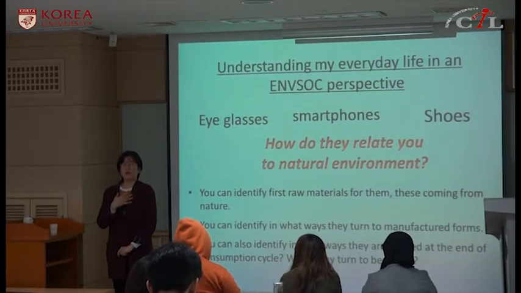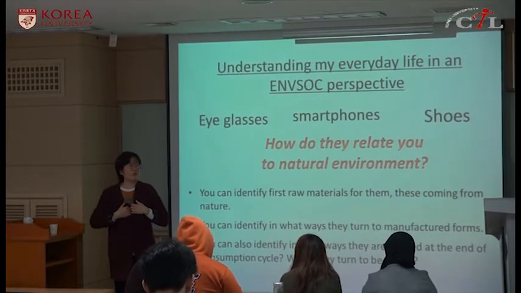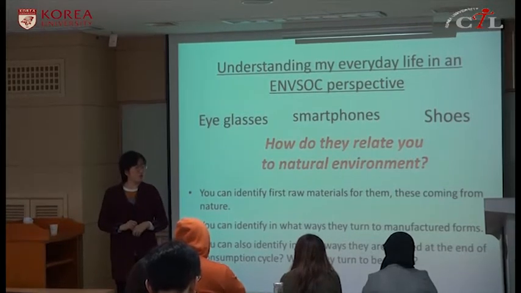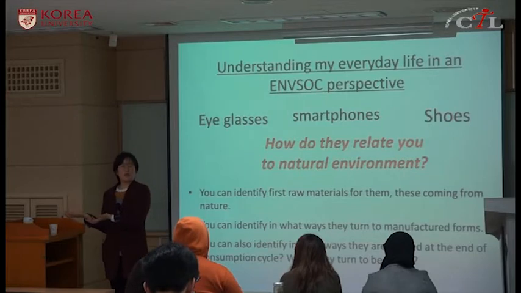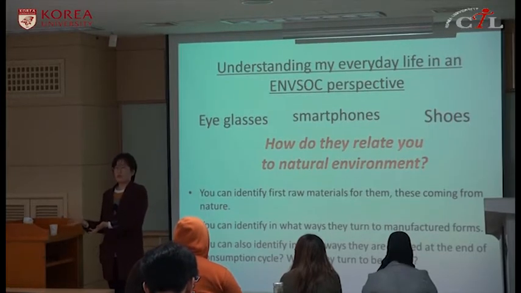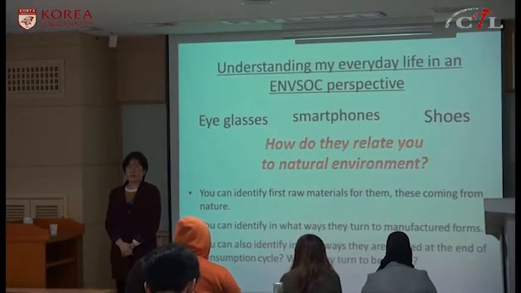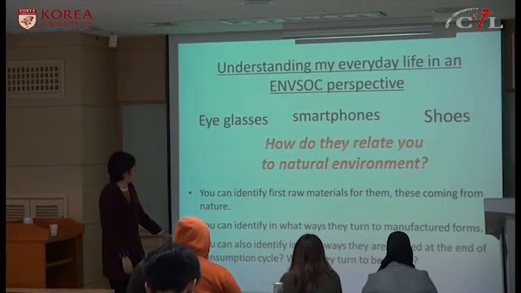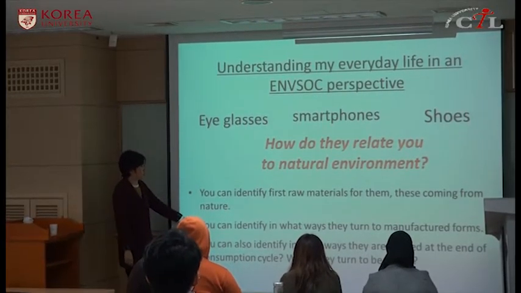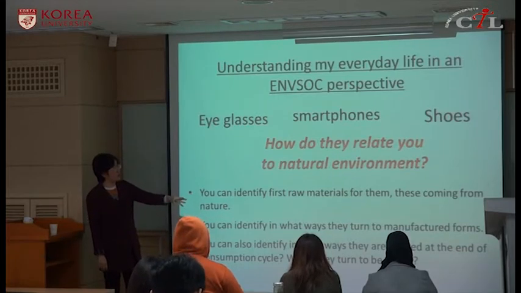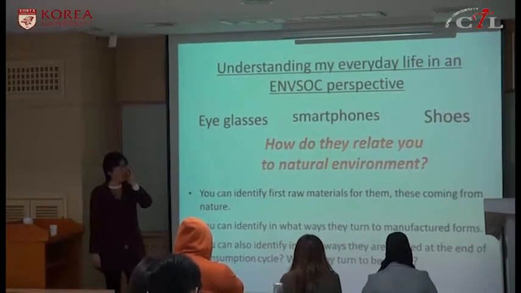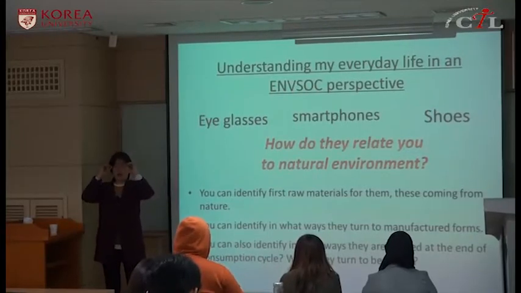Okay? Because we only experience manufactured forms of nature. It's quite difficult to experience nature in a natural form. So, I can also suggest you identify in what ways they turn into manufactured form. So, let's say eyeglasses made of plastic.